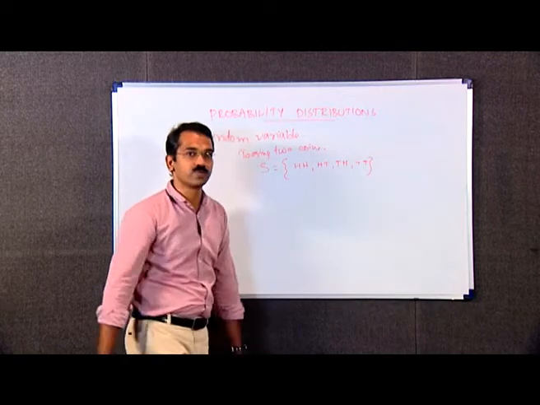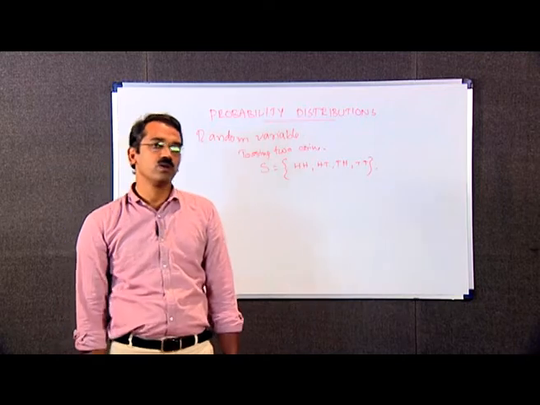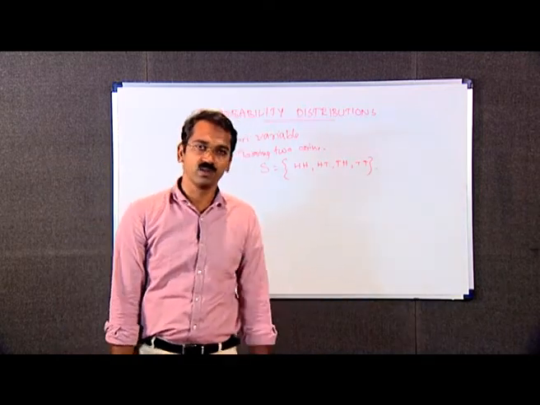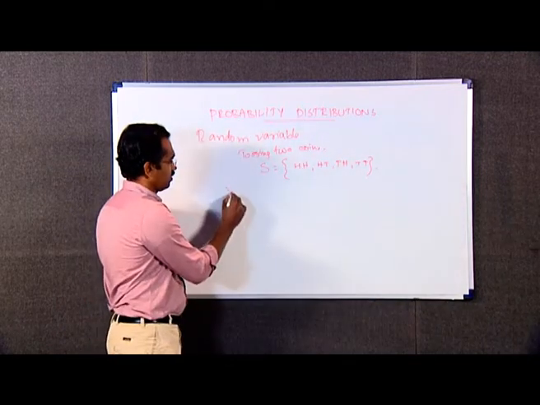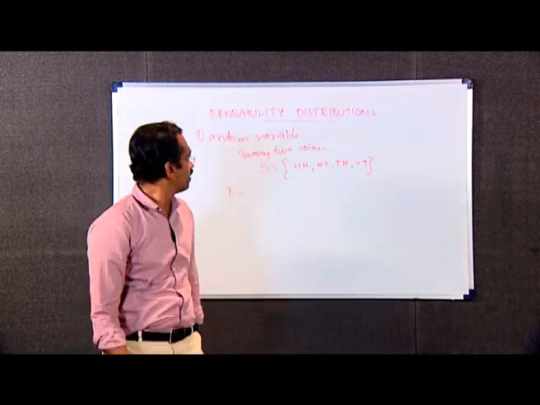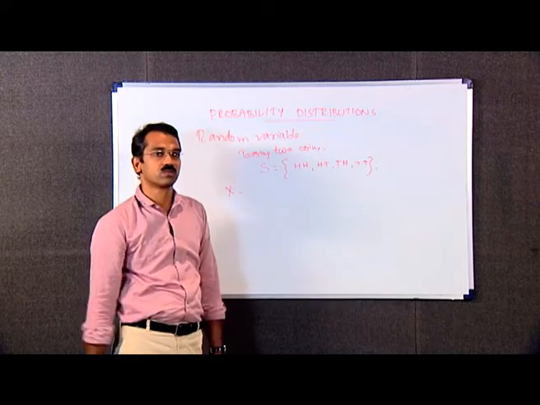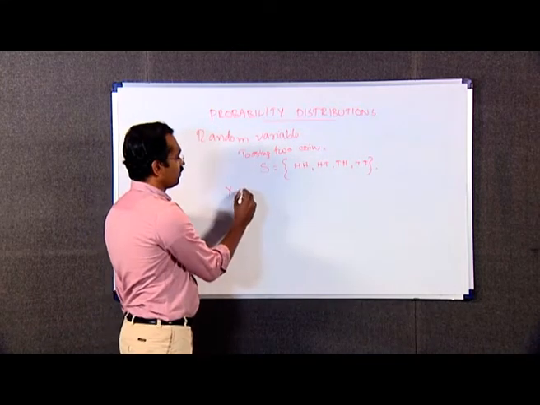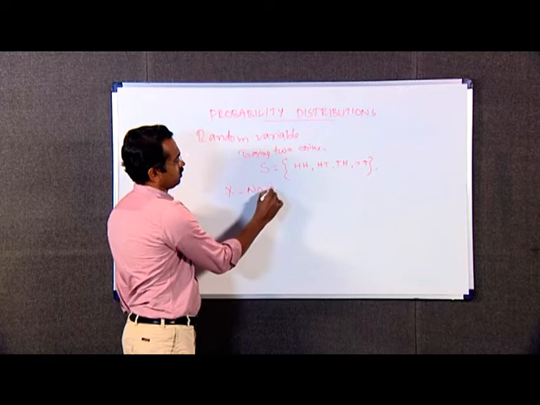This is the sample space. Now, we define a variable, say x, as the number of heads when two coins are tossed. Let x be the number of heads.